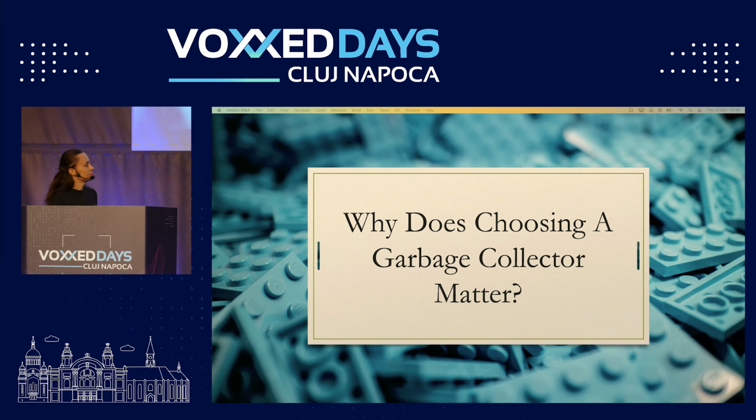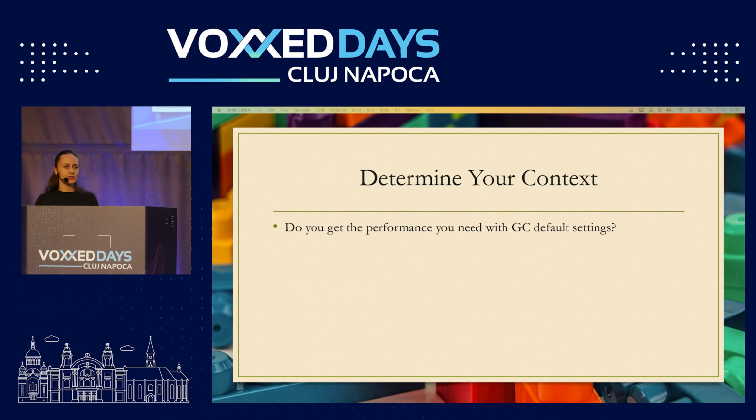Now, why does choosing a garbage collector matter? Well, first of all, it matters because collectors, all of them, strive to be as optimal as possible in every aspect, meaning they are designed with different trade-offs to support different use cases. And you'll see that in the applications that I have as well. So a few questions have to be in your mind when you're thinking of fine-tuning the garbage collection, or maybe whether you should do that. Some of them: do you get the performance that you want?